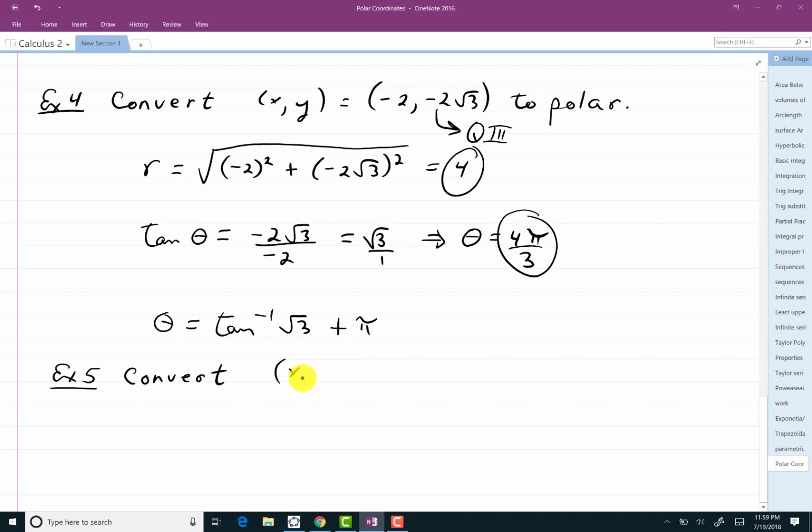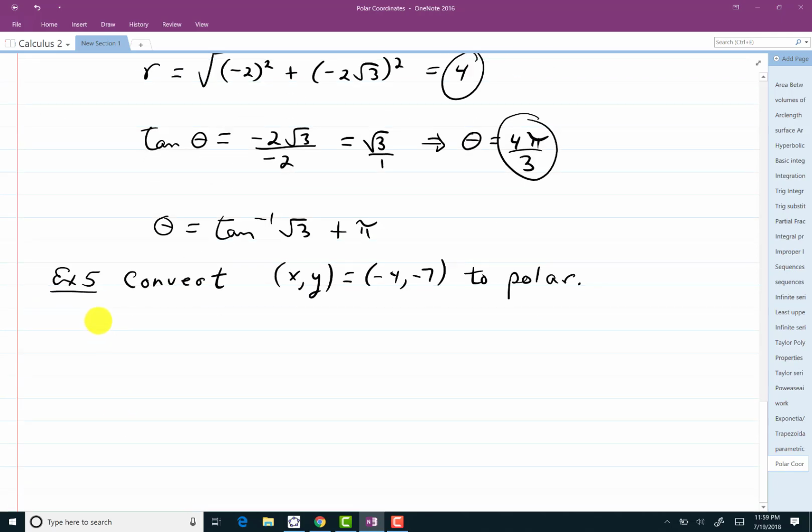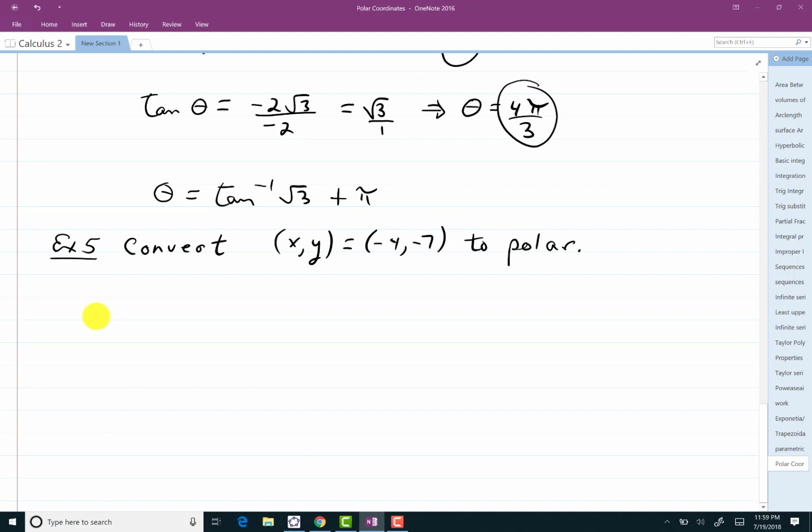Convert x, y equal -4, -7 to polar. Now you're in the third quadrant. R does not care what quadrant it is in. -4 squared plus -7 squared. No simplifying here, you just get the square root of 65.